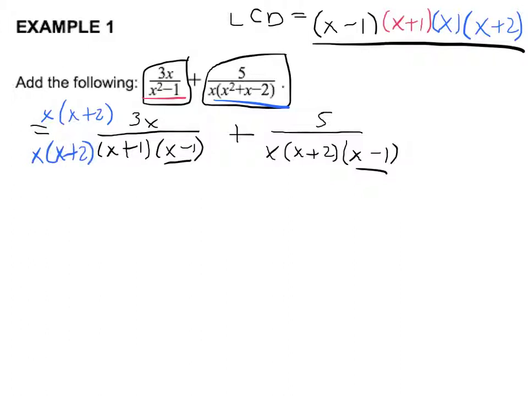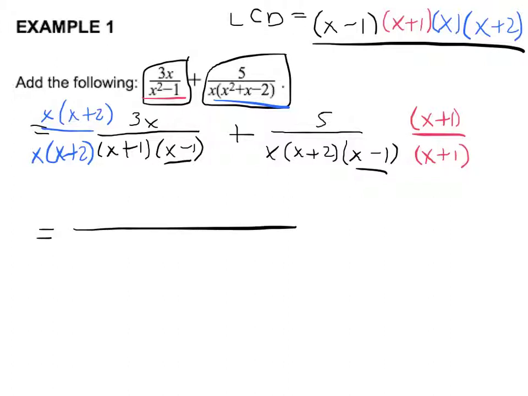And then with our second expression, we're going to multiply it by everything in red. So x plus 1 over x plus 1. So all we're doing is changing things. We're basically multiplying the expressions by a fancy 1, but now through that process we have the same denominator, which is going to be what we have up here.